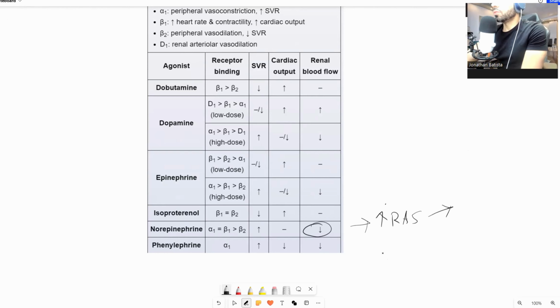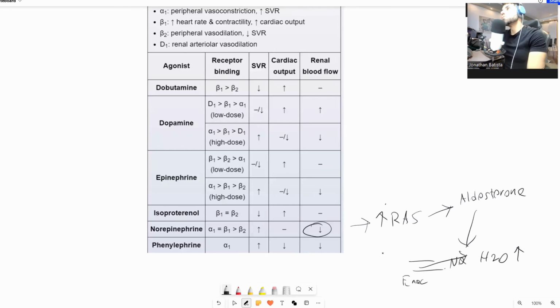RAS stimulates aldosterone. Aldosterone increases the reabsorption of sodium via ENaC. And that reabsorption comes with H2O. So increase in volume. That's basically it.